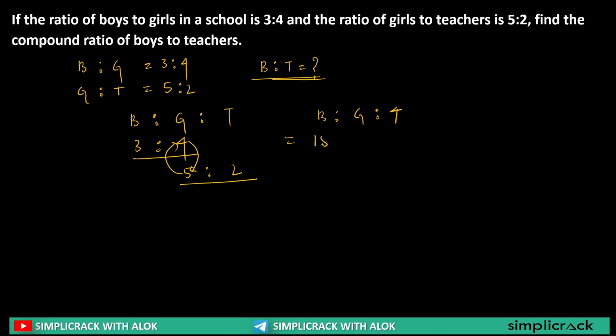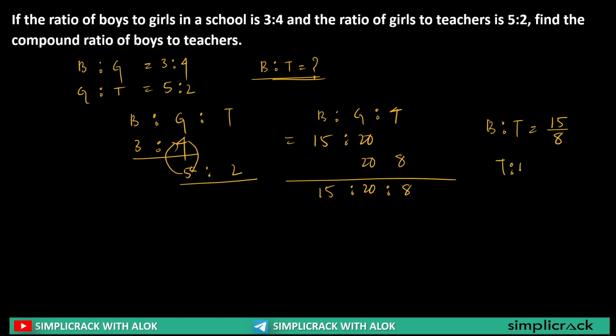Okay, so 5 3s are 15, 5 4s are 20. And if I multiply 4 here, 4 5s are 20 and 4 2s are 8. So the new ratio is 15:20:8. Now if I have to find out boys to teacher, then it is 15/8. Or if it is asked teacher to boy ratio, then it will be 8/15.